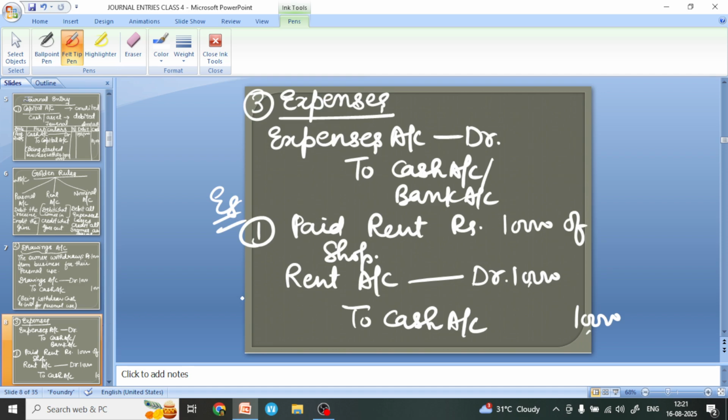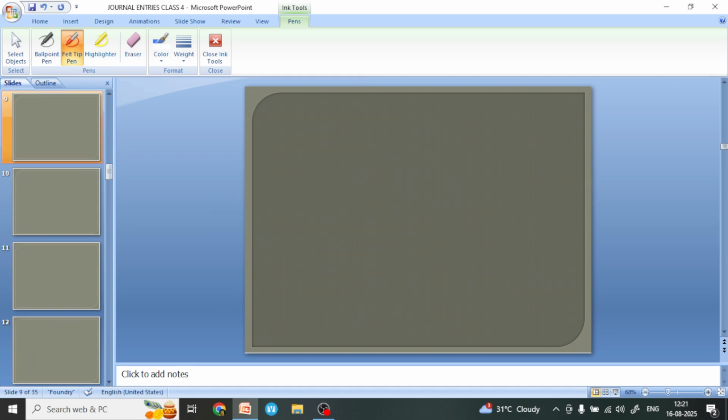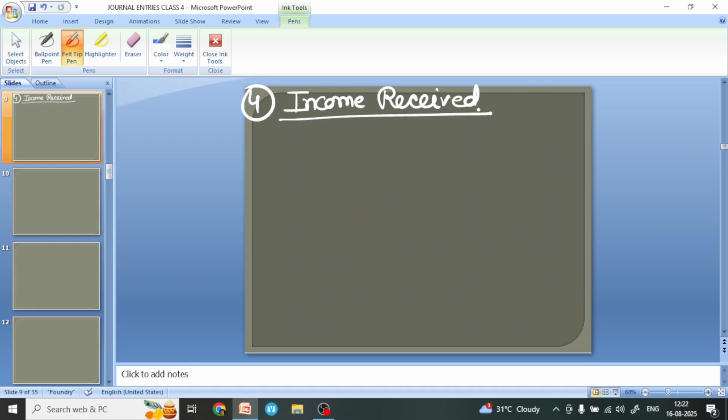Now the next entry is related to income received. Any monetary benefit arising from business can be termed as income.